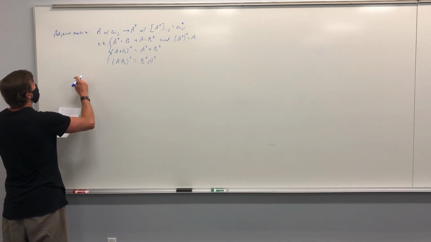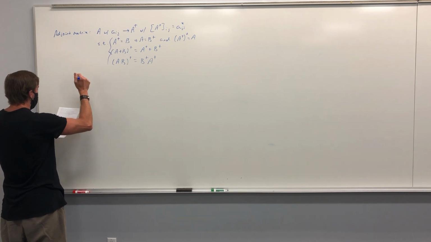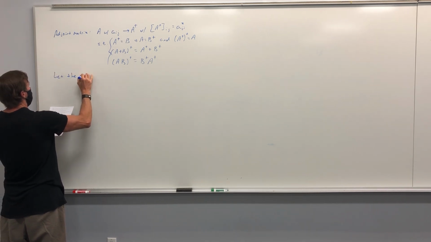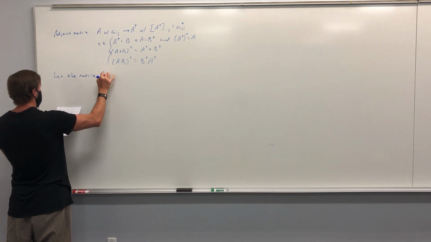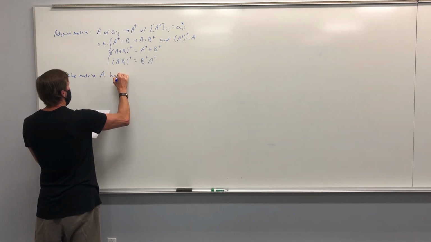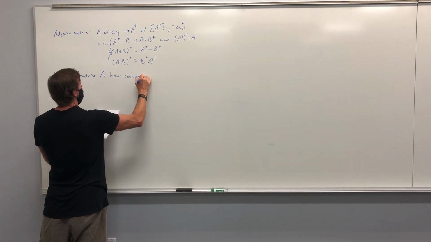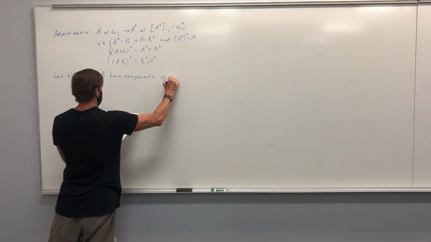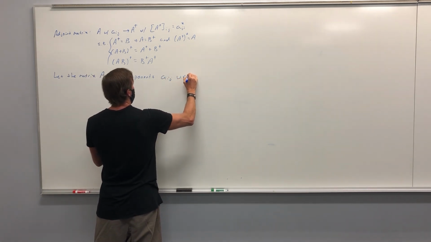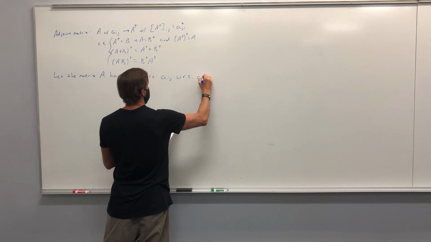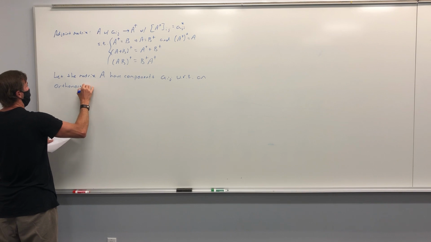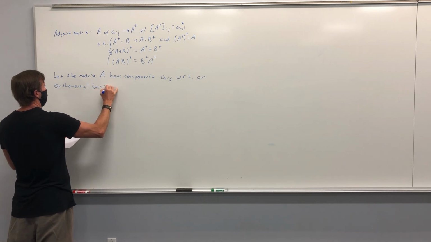So what is the connection between the definition of a matrix and the definition of a linear operator? Let the matrix A have components A_ij with respect to an orthonormal basis x.